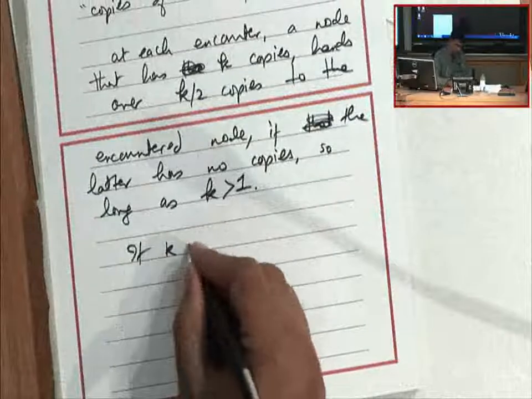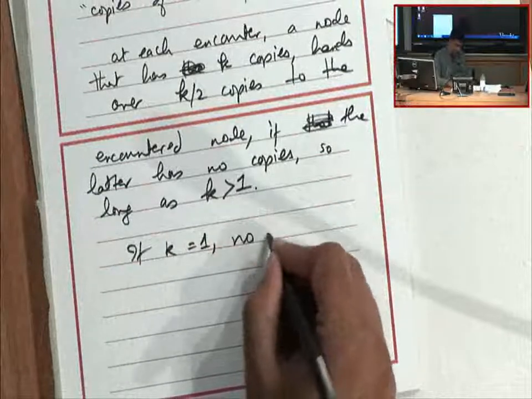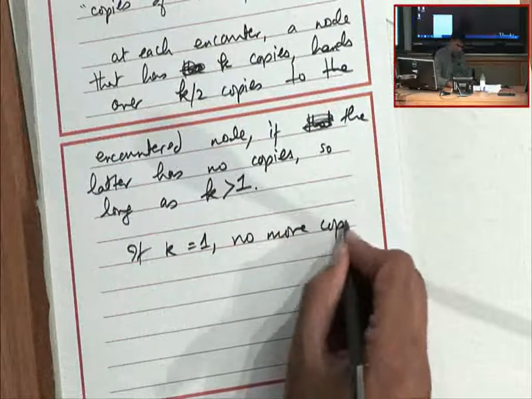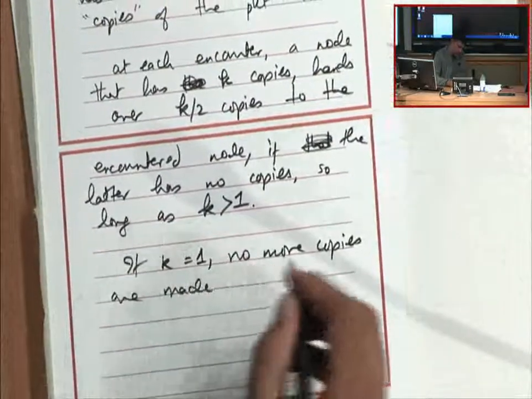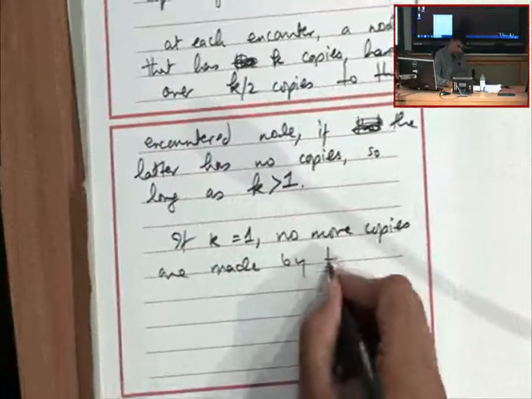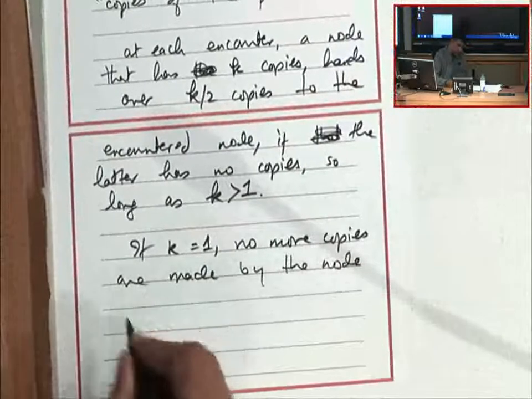If k equals 1, no more copies are made by the node.